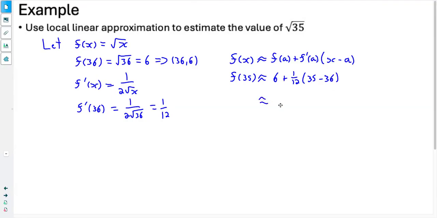So we can say that this is approximately equal to 6 plus 1 over 12 times negative 1. So we can say the square root of 35 is approximately equal to 5.92.